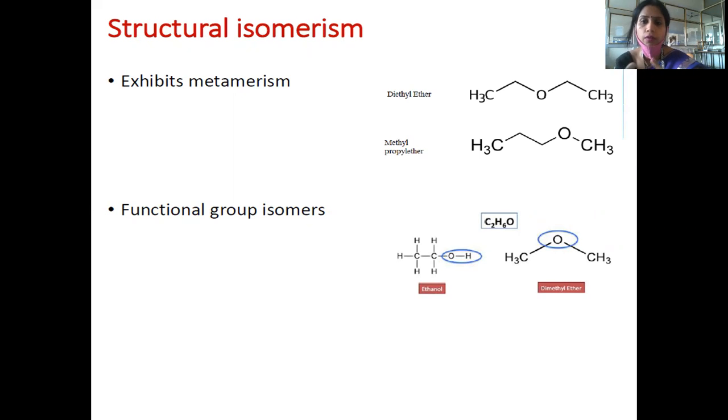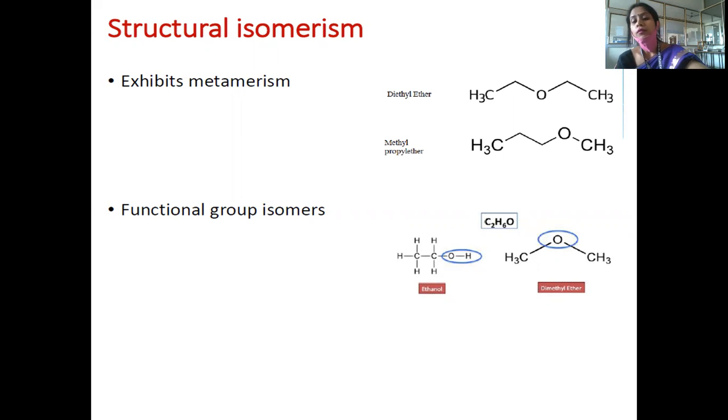If it is different, it will be called methyl propyl ether. If you compare both of them, diethyl ether and methyl propyl ether, the molecular formula is the same, but there is a difference in the arrangement of atoms. In one molecule, oxygen has two ethyl groups on either side of it. In the other, it has a total of 4 carbons, but 3 on one side and 1 on the other side. So this is what metamerism is.